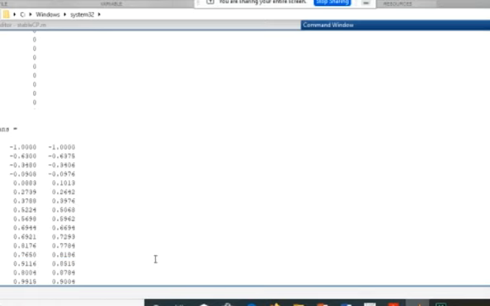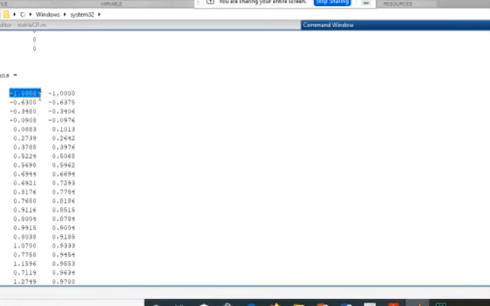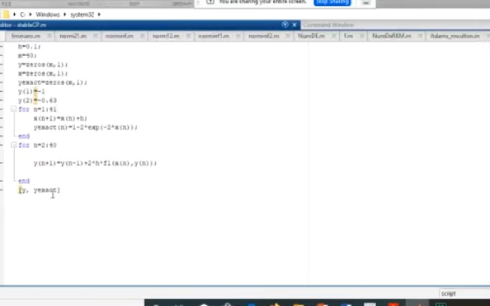You can see the values. The first column here is the computed one, and the second one is analytical, and we can see the difference. We can also show the difference between them, for example the error, y minus y exact.